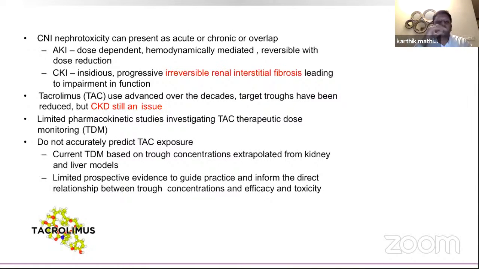And tacrolimus has advanced over the decades. Target troughs have been reduced, but still CKD is an issue. So that's why people are slowly switching over to everolimus to prevent these kinds of complications. Now everolimus is gaining popularity and is being accepted worldwide, even as monotherapy. It has been completely replacing tacrolimus.